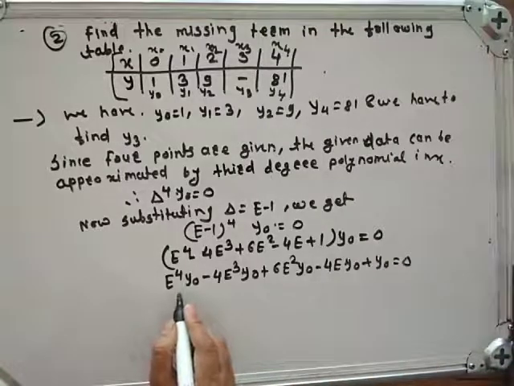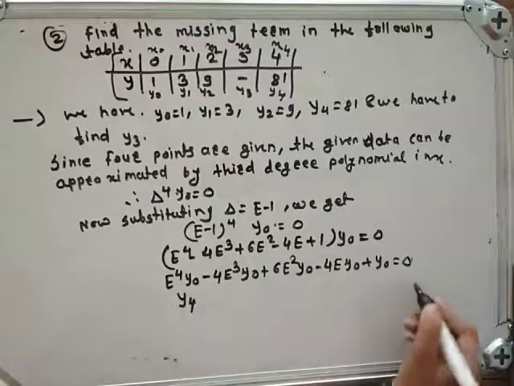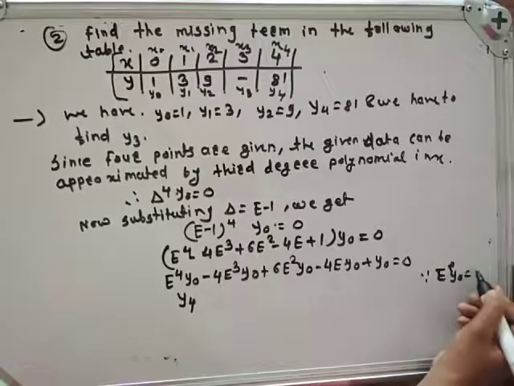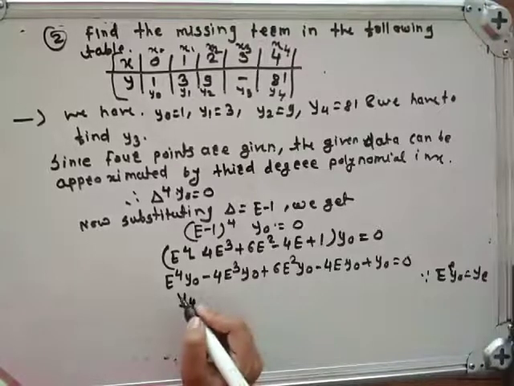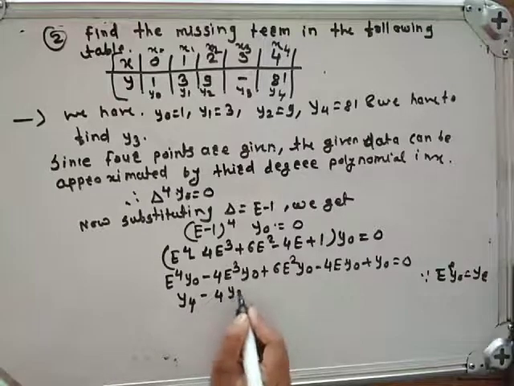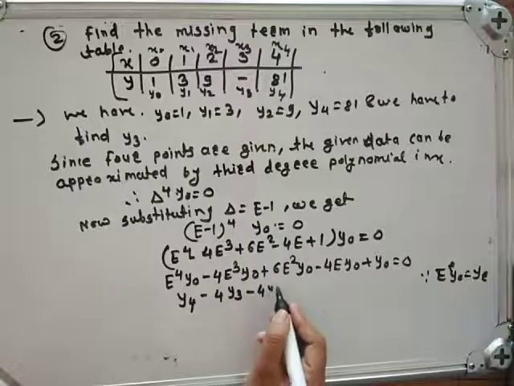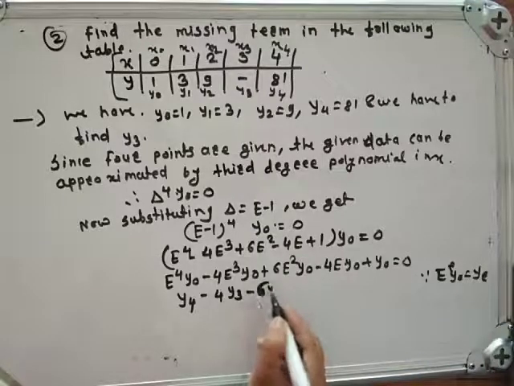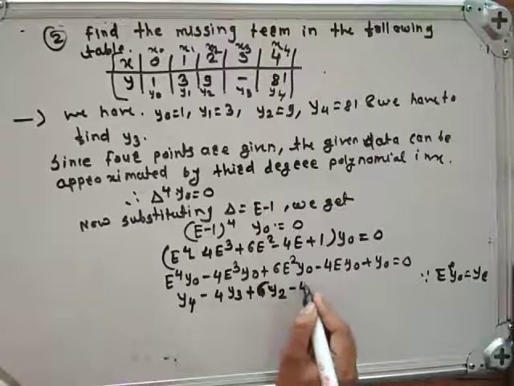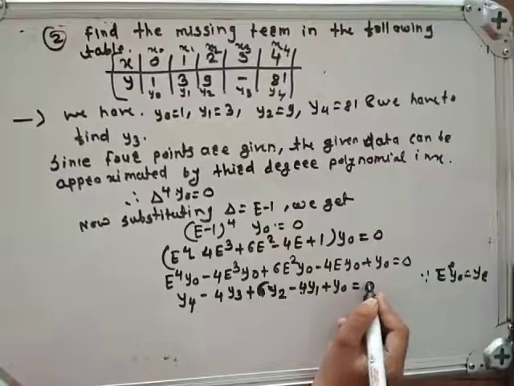E raised to 4 of y0 is y4, since you have already seen that e raised to r of y0 is nothing but yr. So y4 minus 4 into y3 plus 6 y2 minus 4 y1 plus y0 is equal to 0.